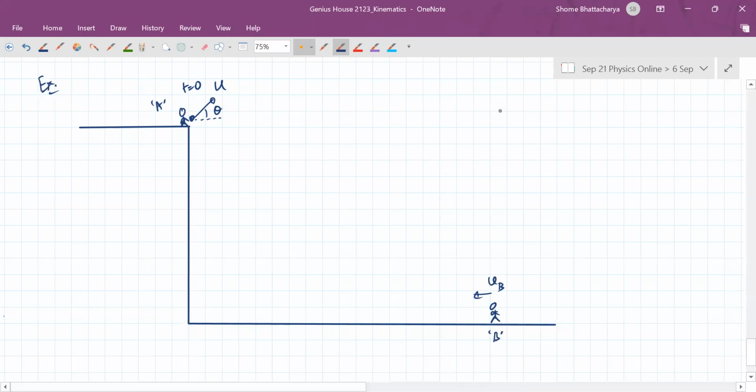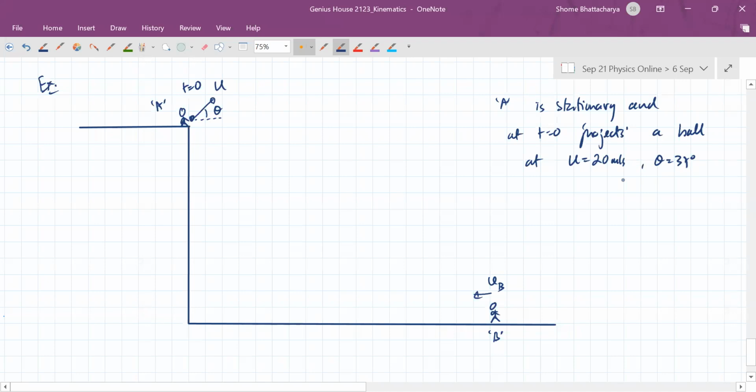So A is stationary and at t equal to 0 projects a ball at u equal to, let us say, 20 meters per second, theta equal to 37 degrees.